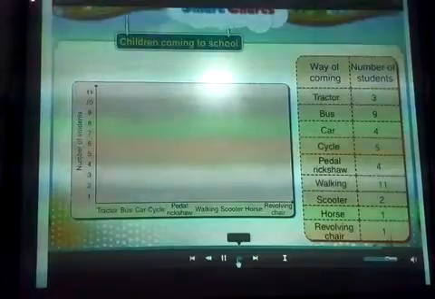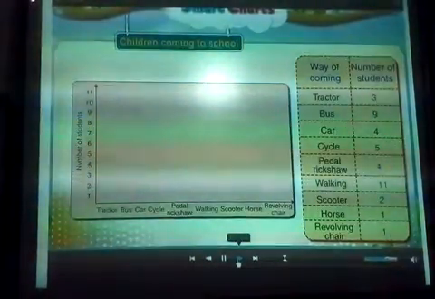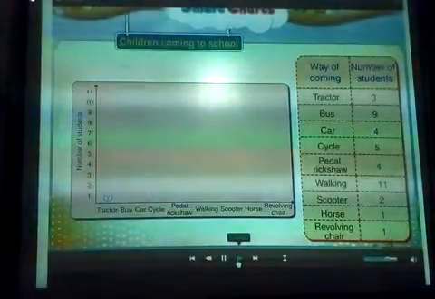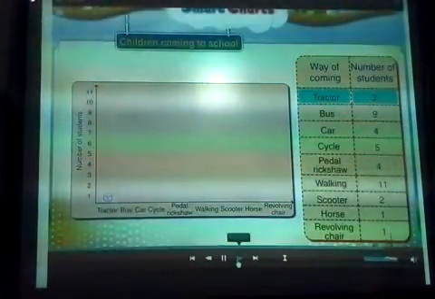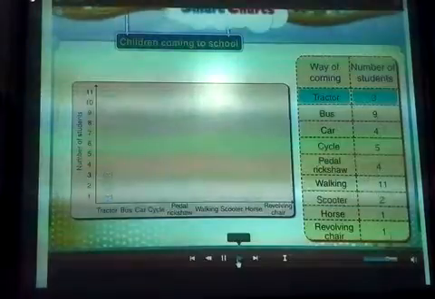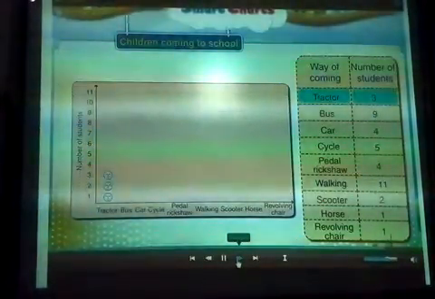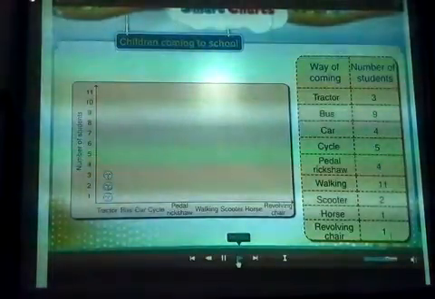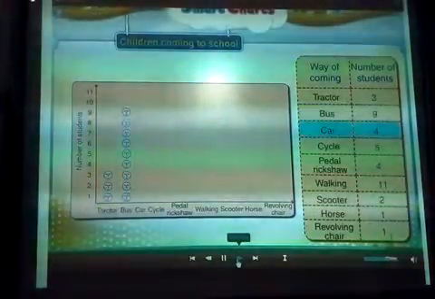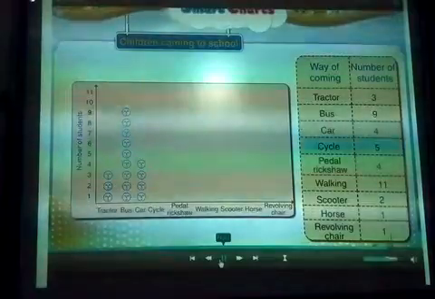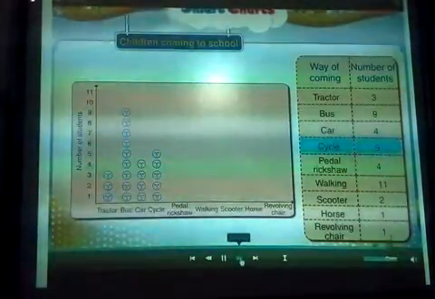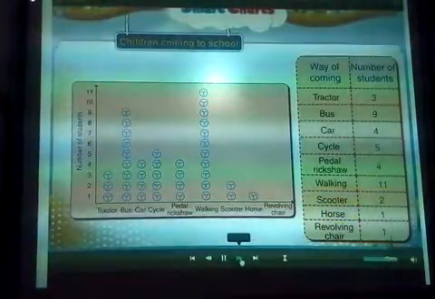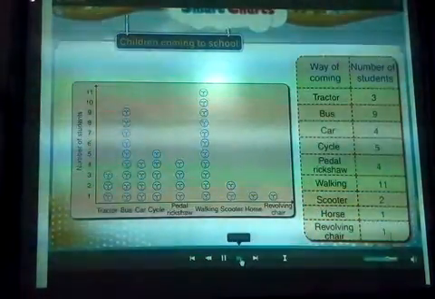With every type of way of coming, we will draw this symbol for each student. 3 students come to school by a tractor, so we will draw 3 symbols. In the same way, we will draw 9 symbols for bus, 4 symbols for car, 5 symbols for cycle, pedal rickshaw 4, walking 11, 2 for scooter, and 1 each for horse and revolving chair.